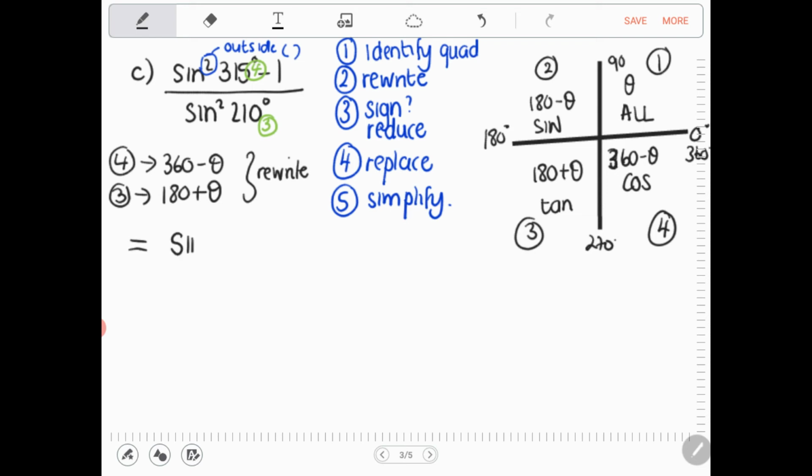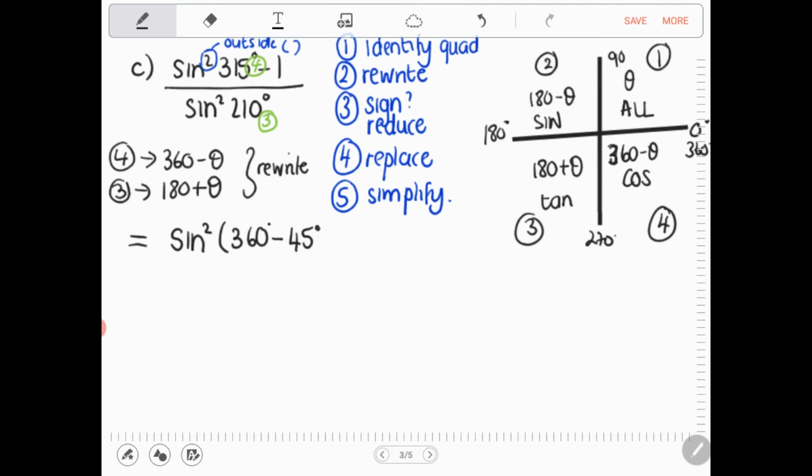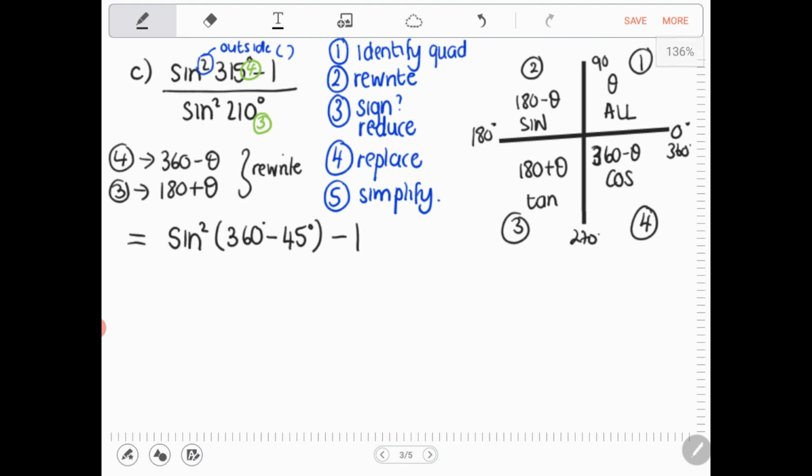So I've got the sine squared of 360 minus what? 45. That gives you 315. Don't forget the minus 1 at the end there. Sine squared 210. Well, we said that 210, third quadrant, 180 plus what? 180 plus 30. Okay, so there's my rewriting.